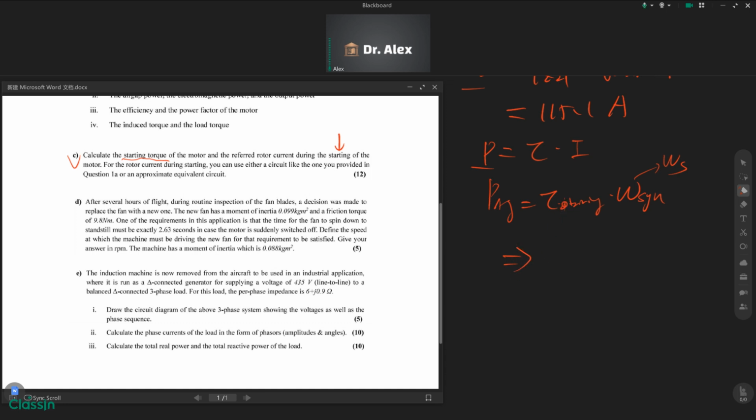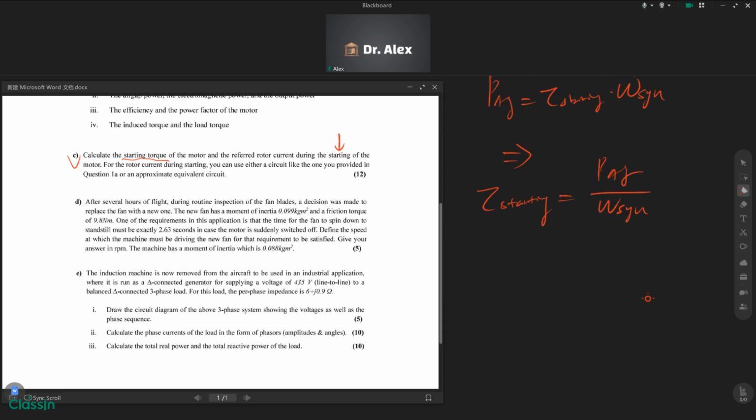So the final result for the value of starting torque is P air gap divided by omega synchronous. The new air gap power is 3, which means the three phases, times I2 squared times 0.355, which is R2.